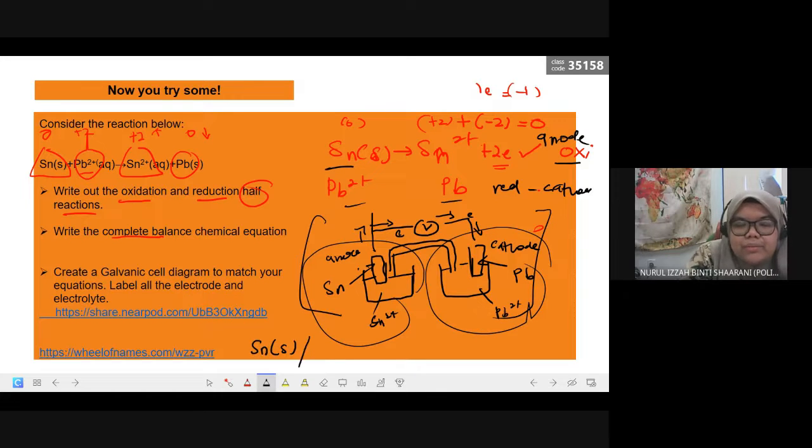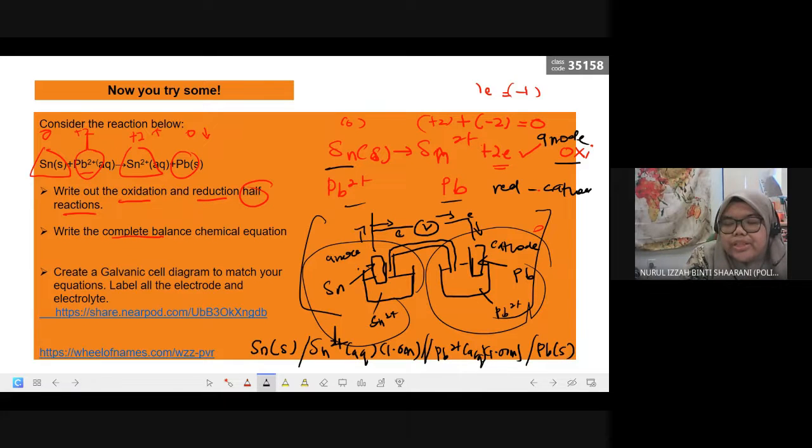Phase boundary, maksudnya between electrode and electrolyte, and then the electrolyte is Sn2 plus, aqueous, and the concentration is 1 molar. Kita nyatakan dekat situ. And then liquid boundary between anode and cathode, and then proceed with the cathode solution which is Pb2 plus, aqueous, standard concentration 1 molar, and then Pb solid.